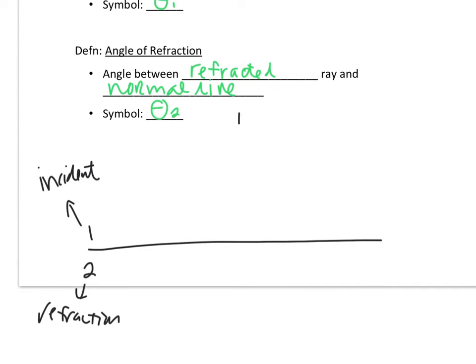The normal line is a dotted line perpendicular to the change in medium. So this line right here is the change in medium. You're going to have your incident ray that comes in. It's going to cross at the normal line, and then you're going to have your refracted ray. So this would be the incident ray.